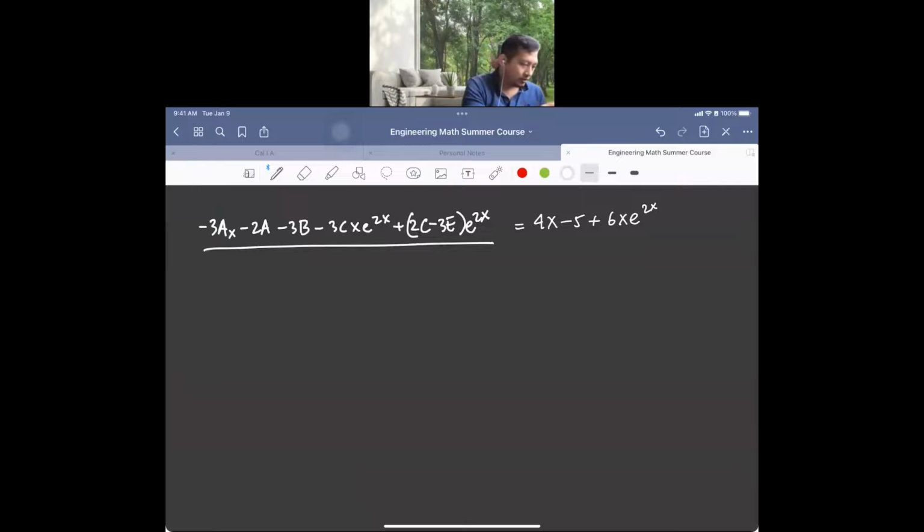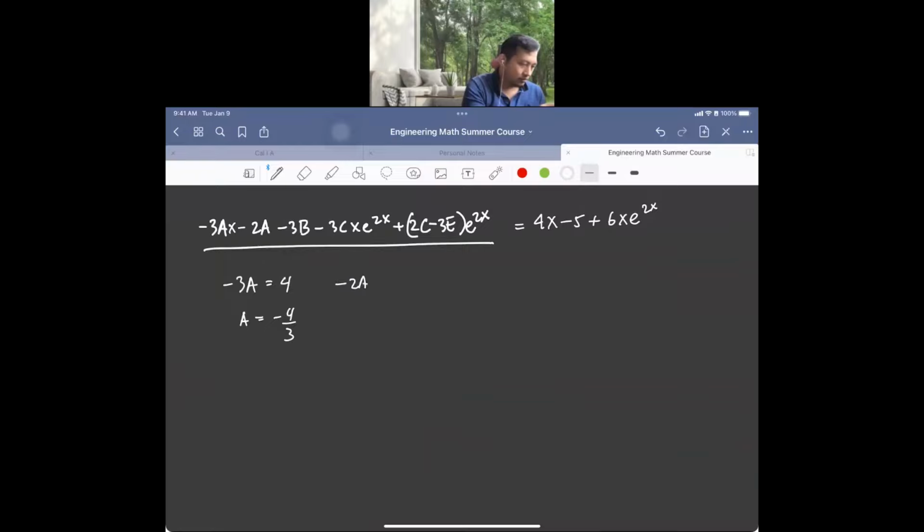Now we have negative 3a is equal to 4, so a is negative 4 over 3.